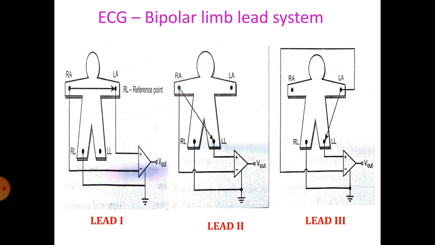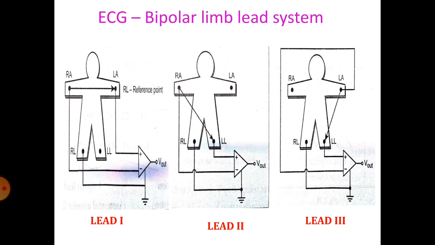See the lead 1 diagram. The electrodes are placed on the patient's right arm and left arm, and the right leg always acts as a reference electrode. In lead 2, the electrodes are placed on the right arm and left leg, and the right leg acts as a reference electrode.